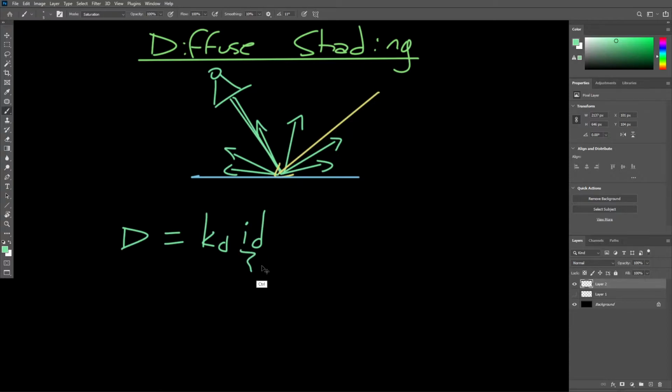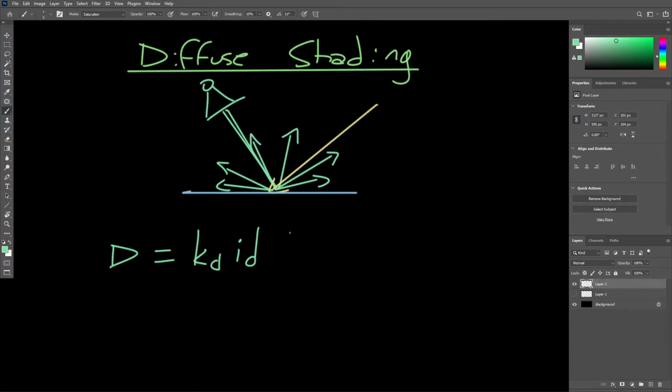So this will be our diffuse light intensity. But we need to bring in another component here as well. And this is where things start to get a little bit interesting.